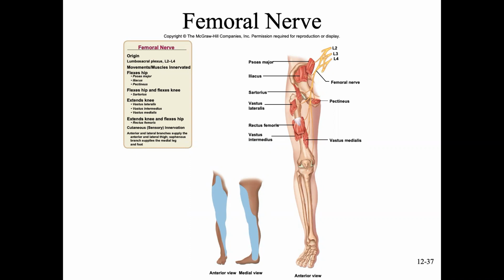Take a look at the cutaneous sensations over here. If you take a look, it's a huge amount of space, right? In your anterior upper and then anterior medial lower thigh, right? Lower leg, all as part of that sensation brought in by the femoral nerve.